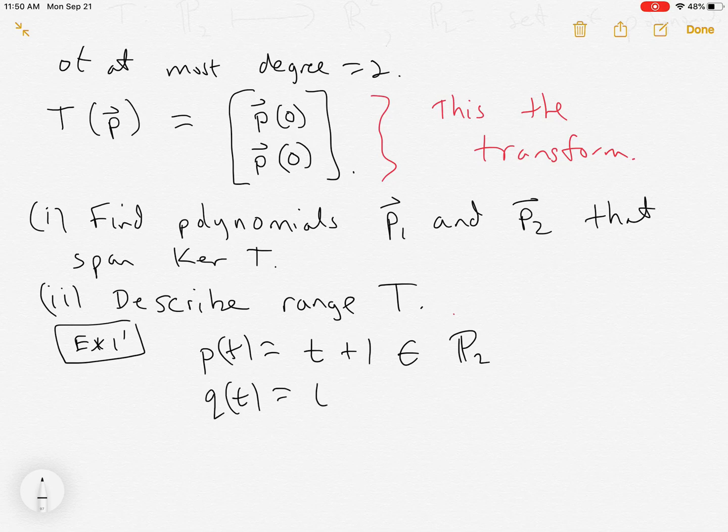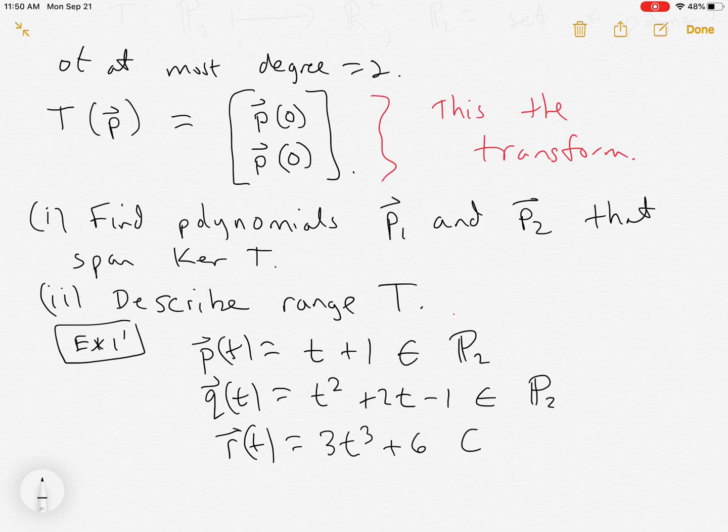Polynomial Q of T, T squared plus 2T minus 1, that guy's also in there, just to muck around. And let's see here, and these are actually, I know it's weird, but these are vectors. And let's go 3t cubed plus 6. This is not in P2 because it's a third degree polynomial.